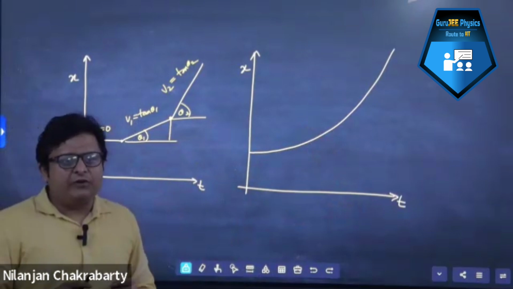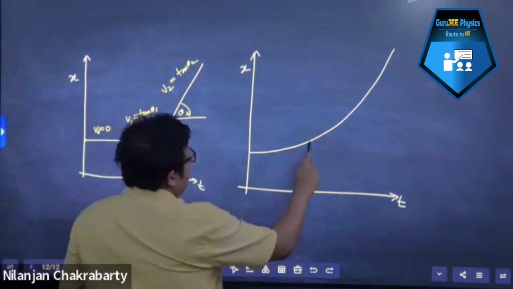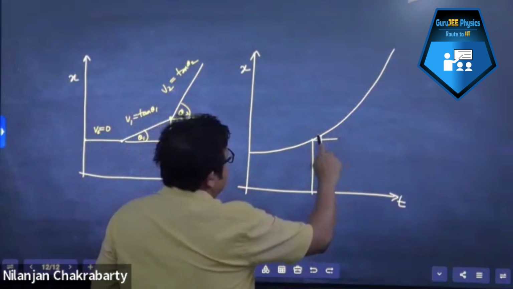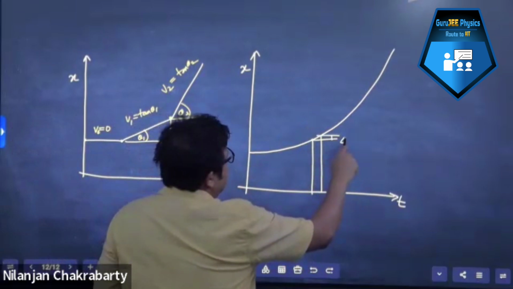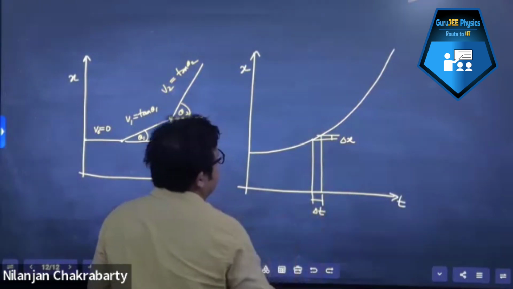Yes, very small intervals, extremely small intervals, and so this is a very small change in x, delta x, and this small change.